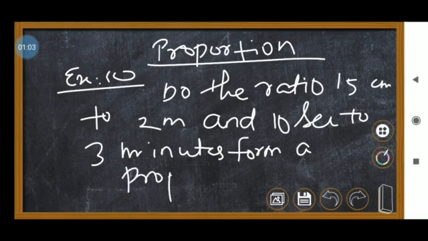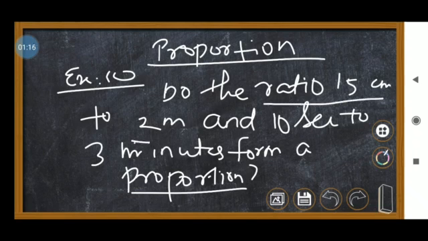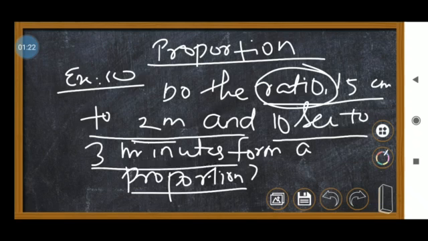See, first you have to understand the question. Do the ratio 15 centimeter to 2 meter and 10 second to 3 minutes. First, underline this: 15 centimeter to 2 meter ratio, and 10 second to 3 minutes.